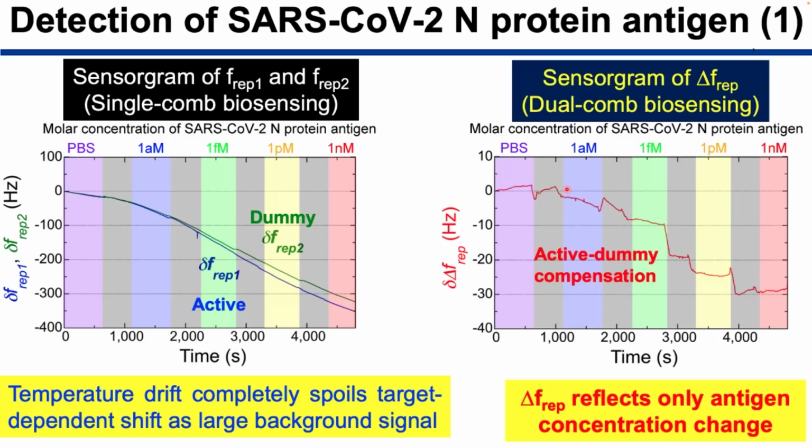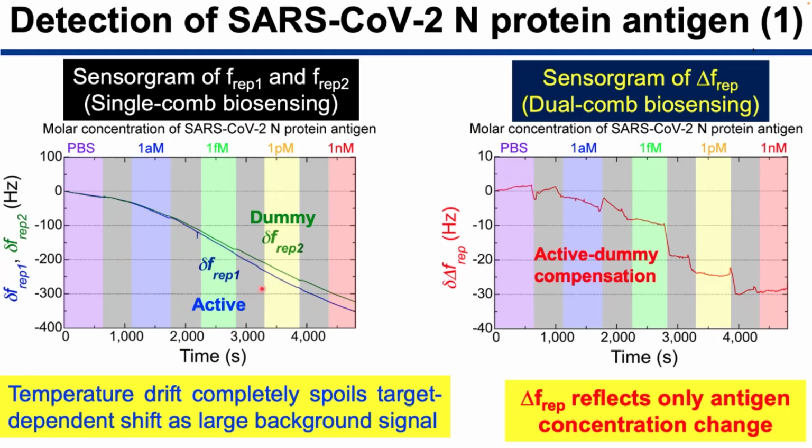We perform the detection of SARS-CoV-2 N protein antigen. Left shows the sensorgram of FREP1 and FREP2. Focusing on the FREP1 of the active sensing OFC, temperature drift completely spoils the target-dependent shift as a large background signal.